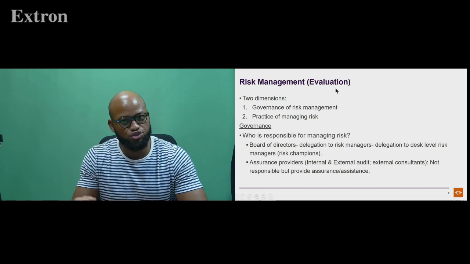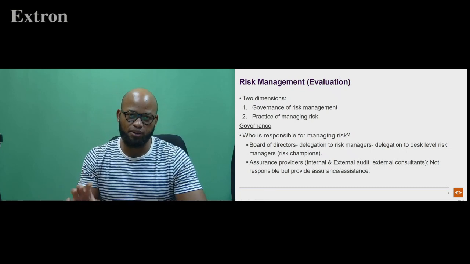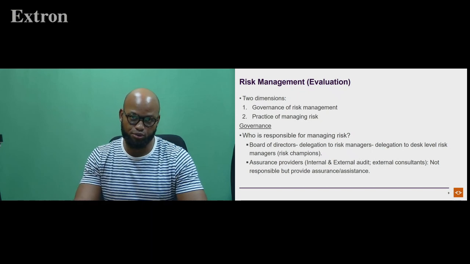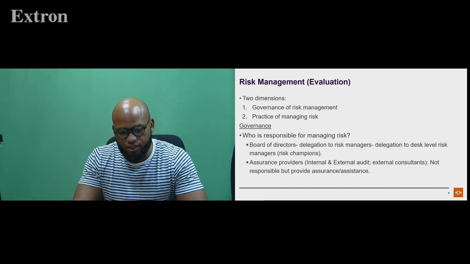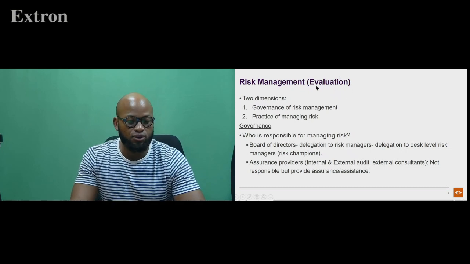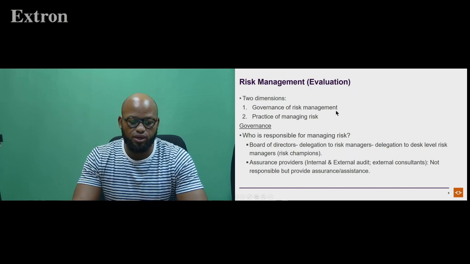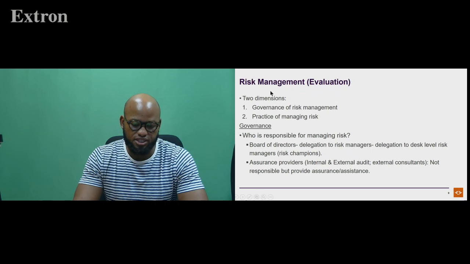In other words, are you meant to just recall and mention facts, or are you meant to actually apply what you know to solve a specific problem? It's a very important aspect, but I will speak about this a bit more during the context session. For now, just know that risk management and risk evaluation are essentially the same thing.